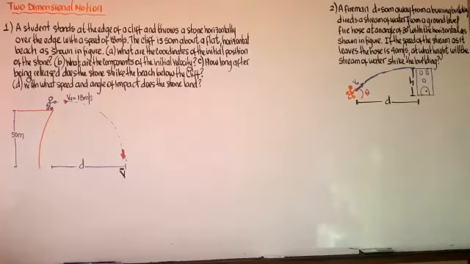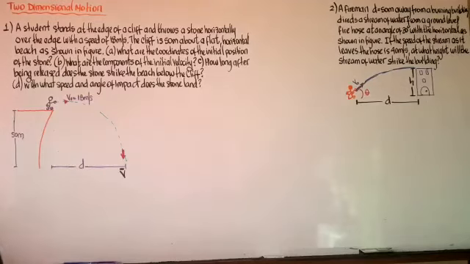The second question is, what are the components of the initial velocity? I mean, what are the values of the velocity in x and the velocity in y? Letter C asks how long after being released does the stone strike the beach below the cliff? So they're asking how much time the stone will take to hit the ground, when it reaches the red arrow located on the ground.